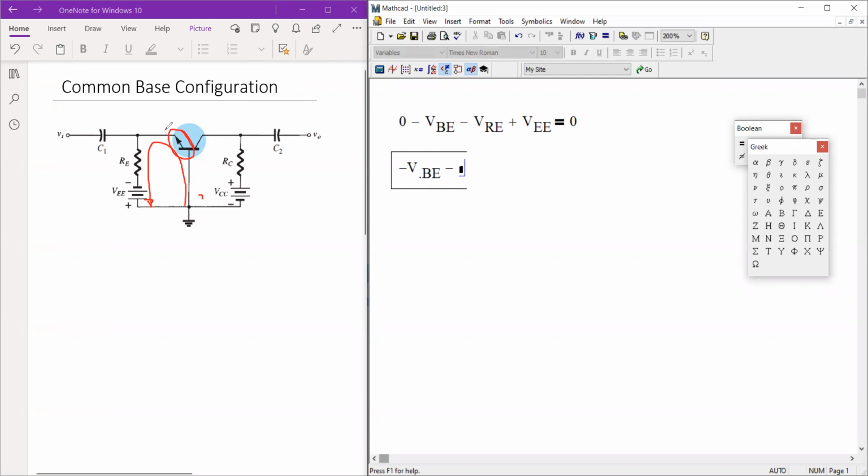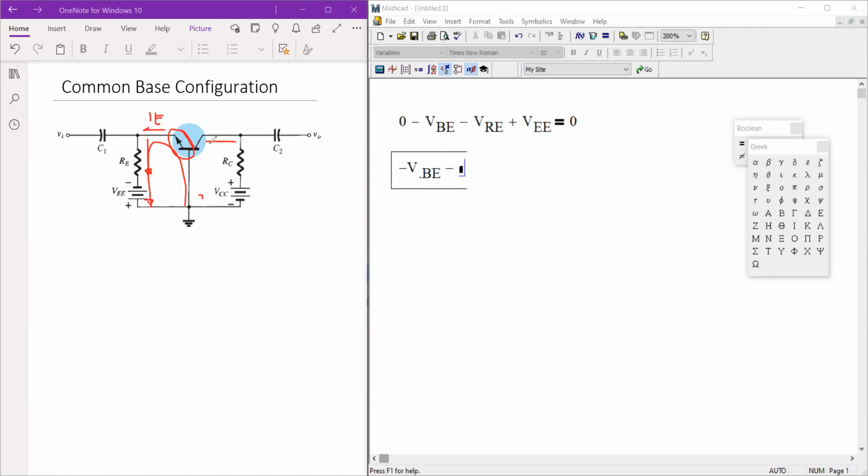So current here is I sub E, that will flow through your RE. And the current flowing through this part of our circuit, wait, this is forward biased.